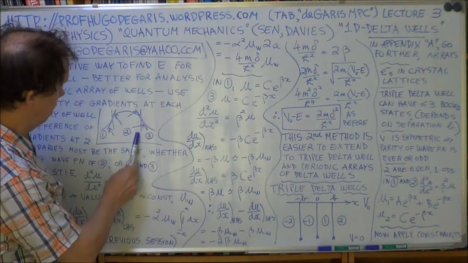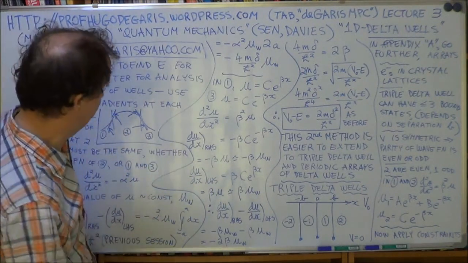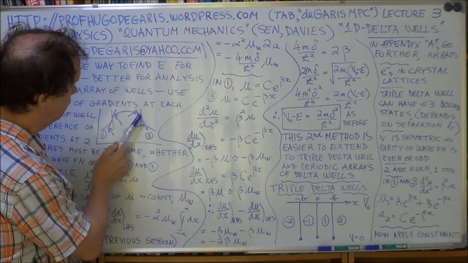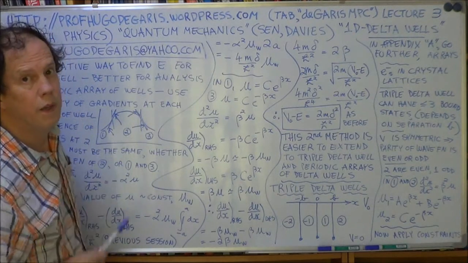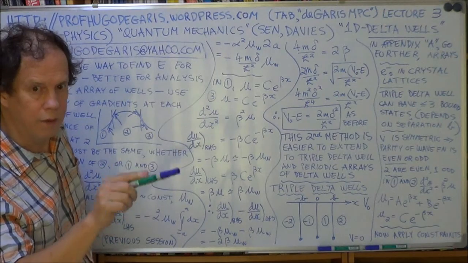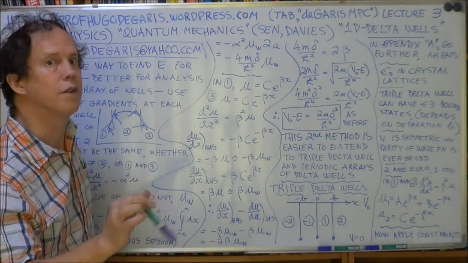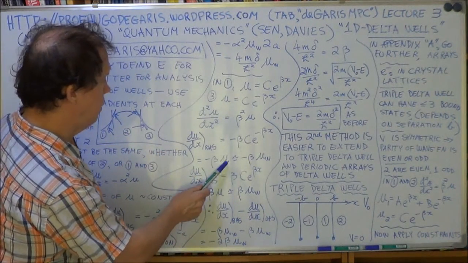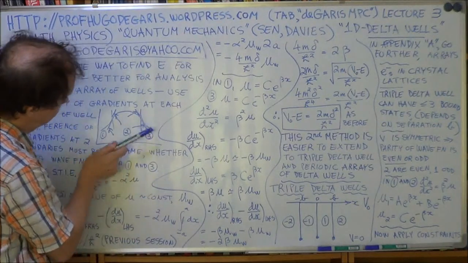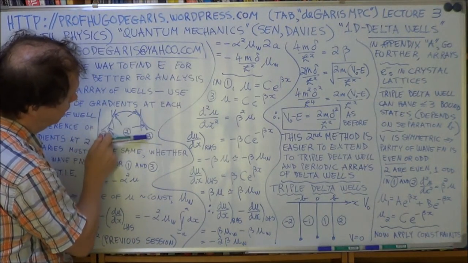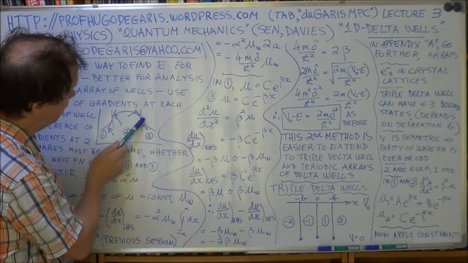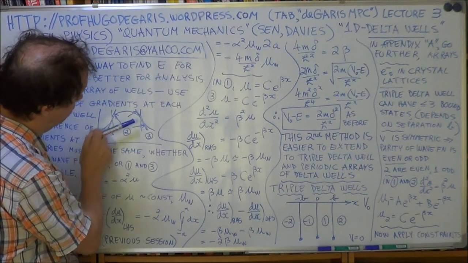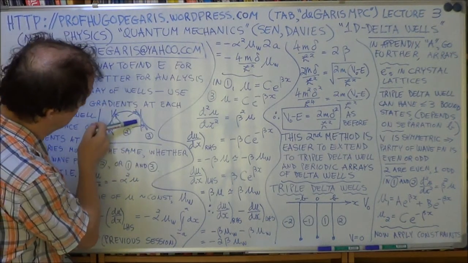Now with the same argument, by continuity, in fact, at this point here, your u here must be equal to the u value here at that point. Now you're talking about continuity of the value, not just continuity of the gradient. There were four conditions. So the u that exists in region 3 that's infinitely close on the right hand side of this barrier will have to be equal to the value of the u in region 2 that's infinitely close on the left hand side of the barrier.